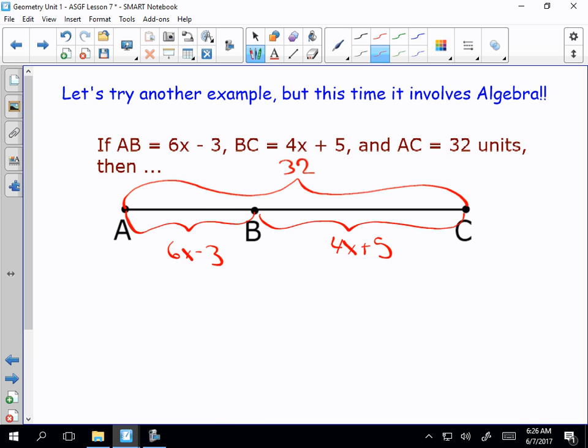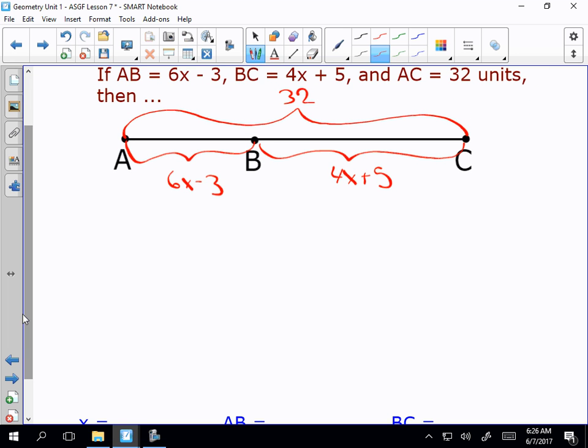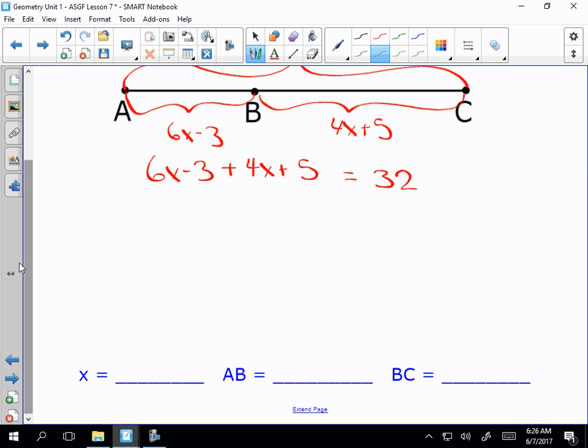We want to understand how the equation builds in this scenario. So the full distance is 32. Then we know that the two pieces that make up that distance, 6x minus 3 plus 4x plus 5, equals 32. And now we're just going to do some algebraic solving.